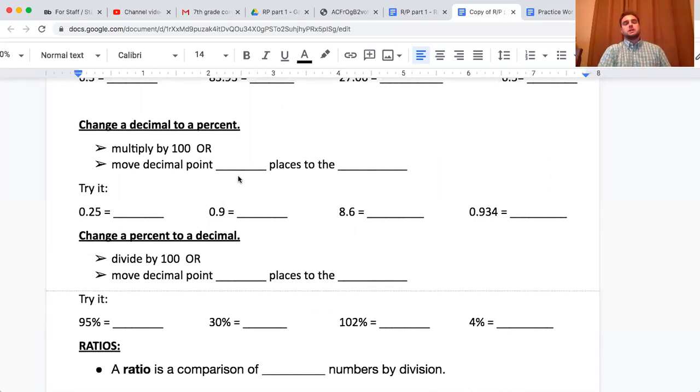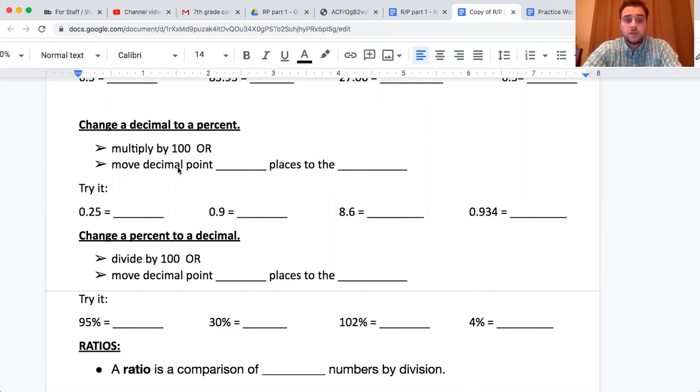Now, how do we change a decimal into a percent? Well, first thing we could do is take your calculator and take this decimal, so simply type 0.25 and multiply it by 100, and that would give us our percent.